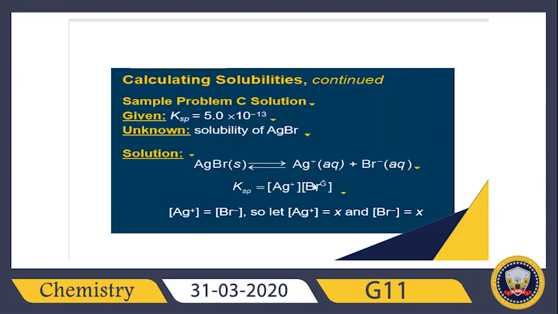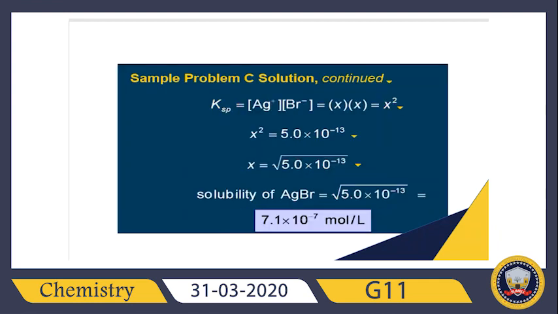Both the concentration of silver and the concentration of bromide ion are unknown, so we will assume that the concentration of silver and bromide is equal to X. So again, Ksp is equal to the concentration of silver ion multiplied by the concentration of the bromide ion. So X multiplied by X equals X squared. Ksp is equal to X squared, which is equal to 5 times 10 to negative 13.